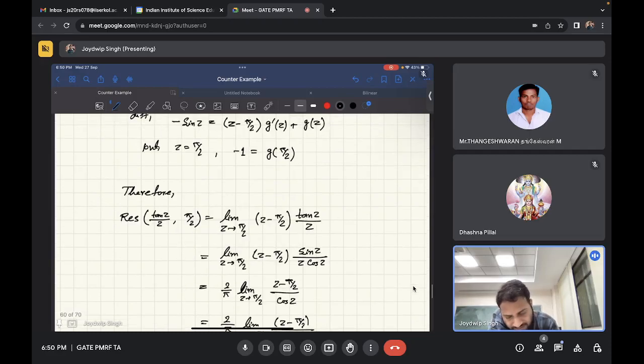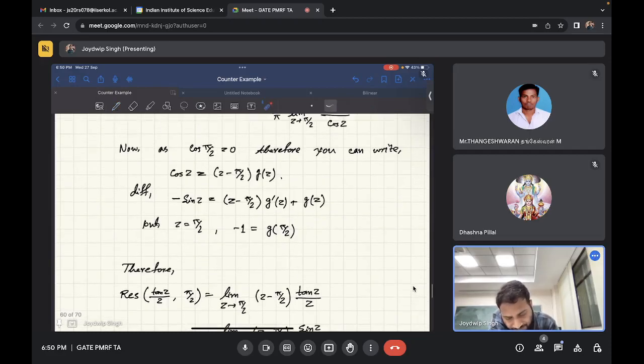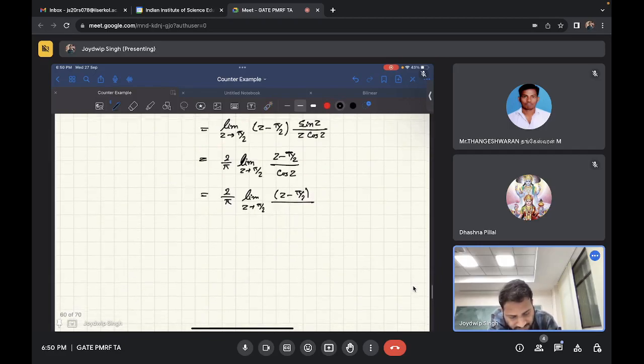Cos z we have written in this form, so put it there: (z minus pi by 2) into g(z). Now this will cancel out, so basically you will get the limit as z tends to pi by 2 of 1 by g(z). And what is g at pi by 2?